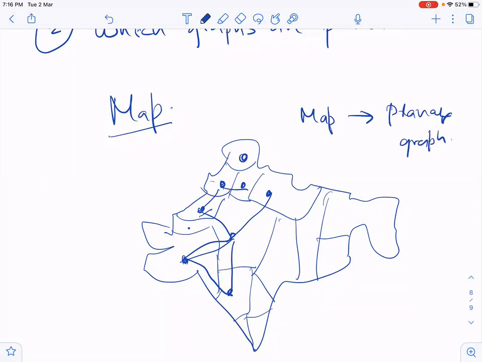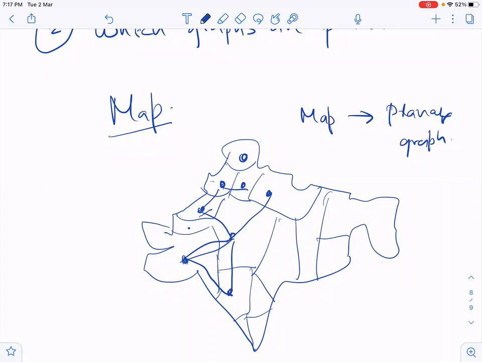Now, one important thing you have learned from your time when you started looking at maps is that in maps every country or every state is colored using a different color, in such a way that no two adjacent countries or adjacent states have the same color.